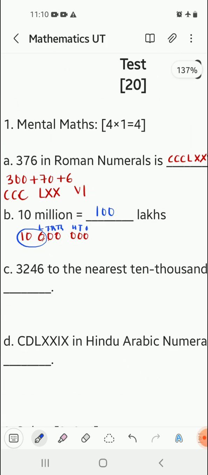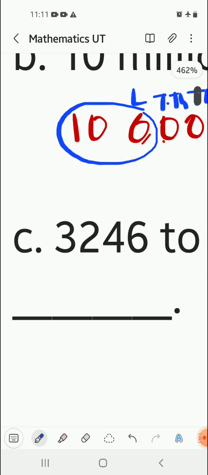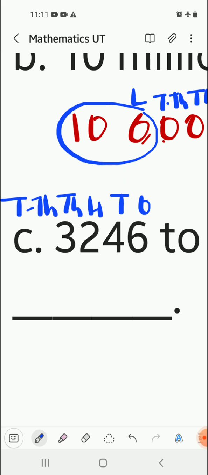Next, 3246 to the nearest 10,000. See, the number given to us is this, right? The units. Ones, tens, hundred, thousand. We are asked to round the number to the 10,000 and the 10,000's place is not given. Whenever we want to find the estimate or the rounded figure, we always look for the number just before that, that is 3.